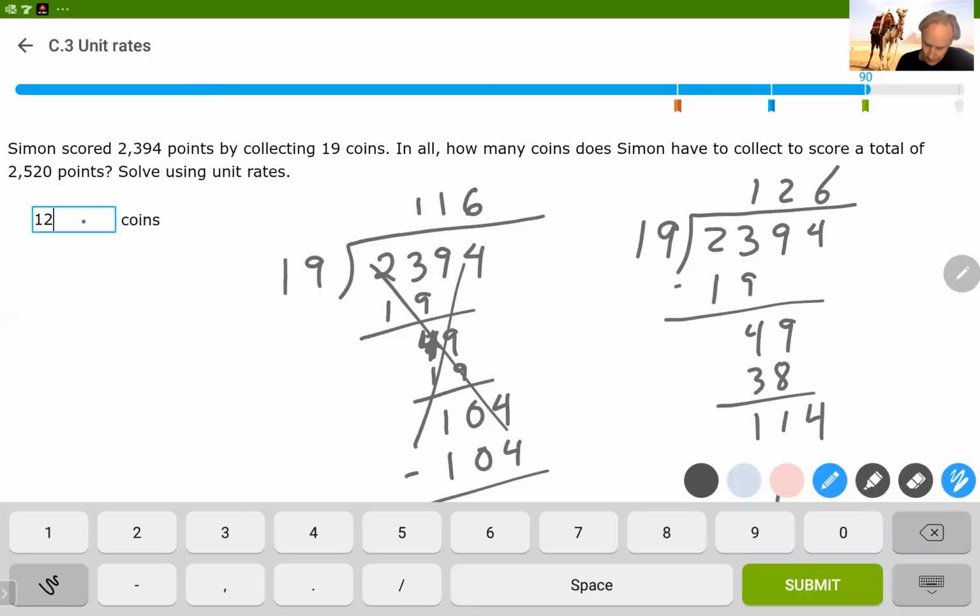120. Oh. But we have 126 coins to get, but we want a total of 25 and 20.